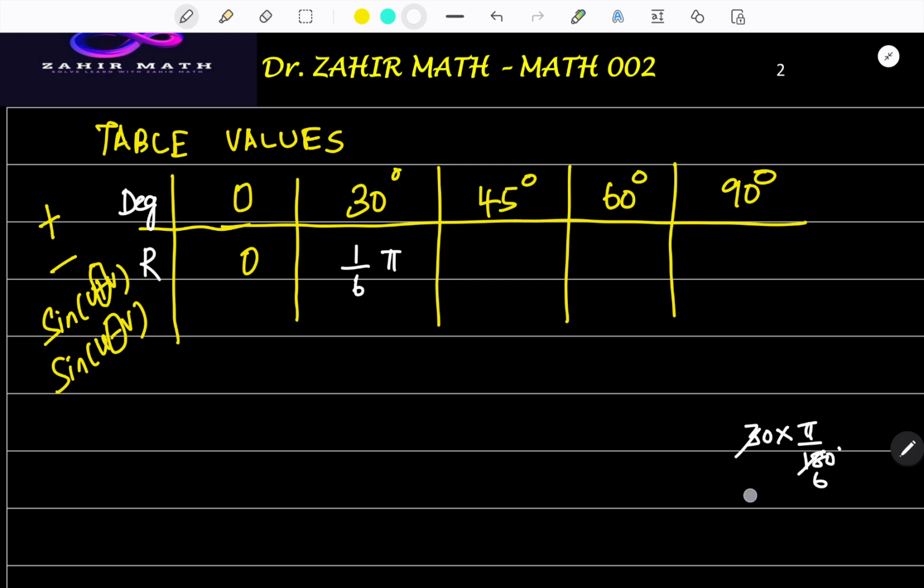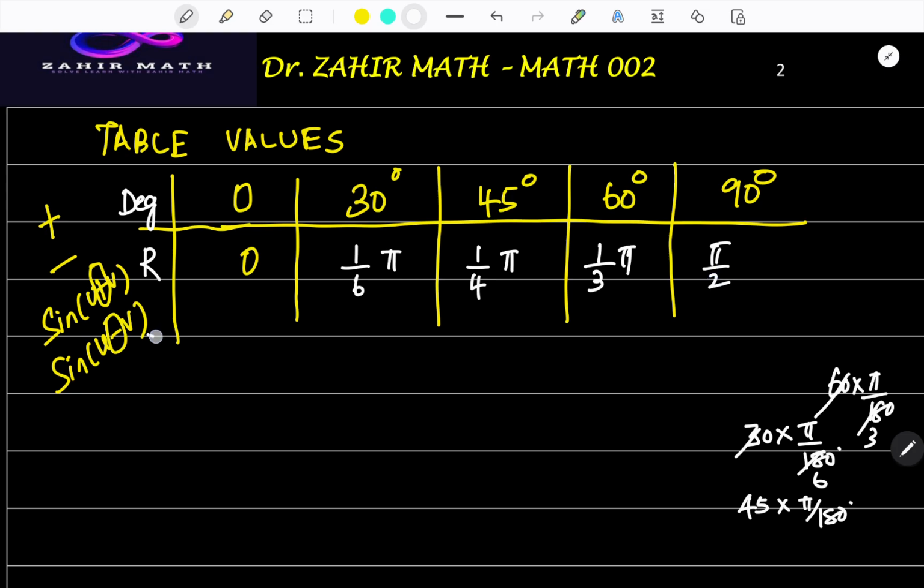Similarly, you put 45 multiplied by pi by 180 in the calculator, and you will get 1 by 4 times pi. Then you put 60 multiplied by pi divided by 180, and you will get 1 over 3 pi. 90 degrees, everybody knows it is pi over 2.